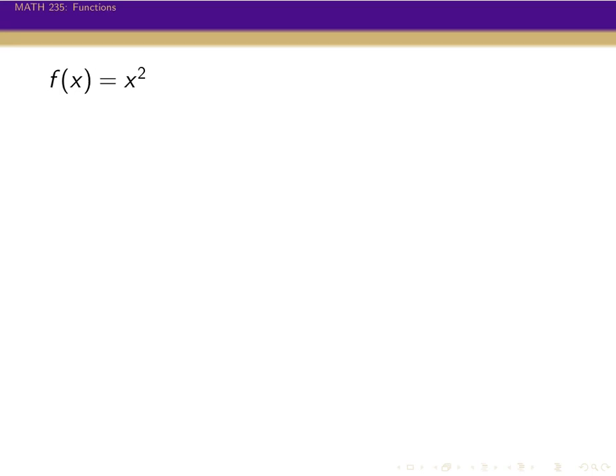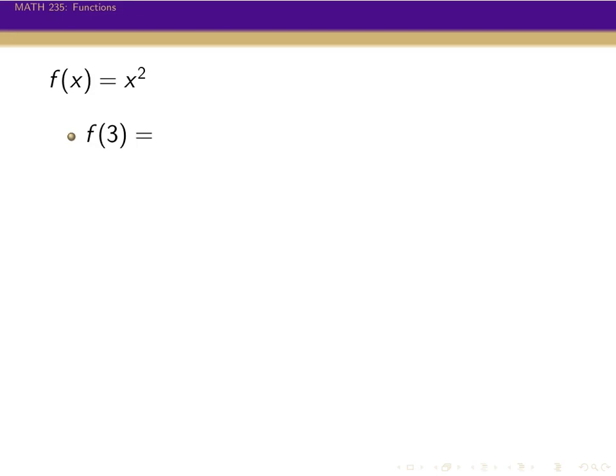So for example, if our function is you take x and then you square it, so f of x equals x squared. What this means is that any input you plug in, and in this case the domain of this can be the entire real numbers, the output of this function is that number squared.